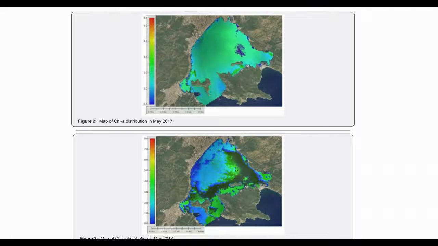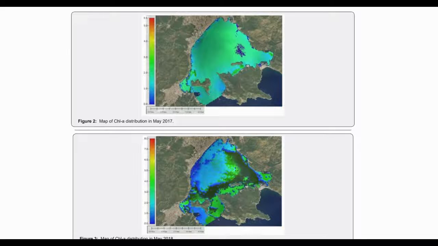Sentinel-2A images are used as a representation of the distribution of chlorophyll A. The processing of Sentinel-2A imagery was done using ArcGIS 10.5 software for radiometric correction, calibration, cropping, and implementation of the algorithm. The chlorophyll A value in the study area has a significant difference.